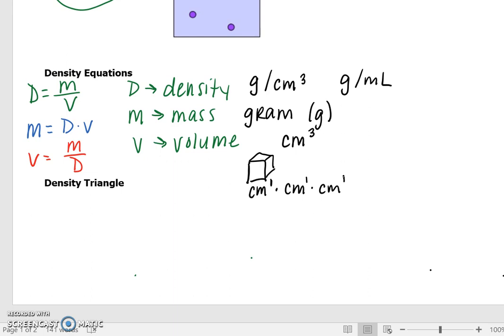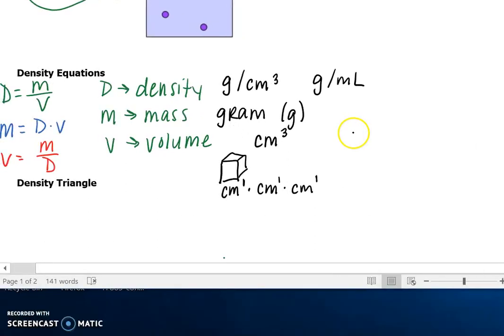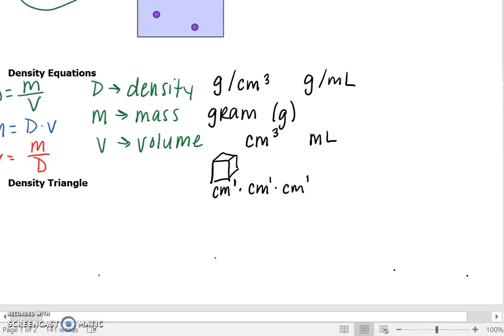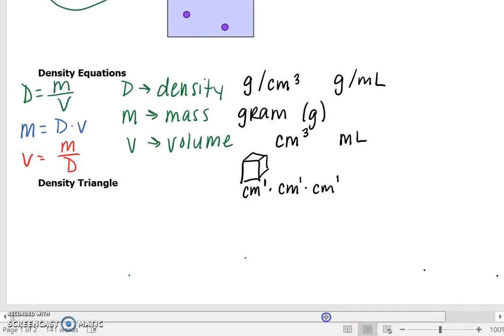Another way that we could get volume is if we're taking the volume of a liquid, in which case we'd be using one of those pieces of lab equipment we talked about last week, which were the graduated cylinders. And graduated cylinders measure volume in milliliters. And so here we might have our units for volume be milliliters.